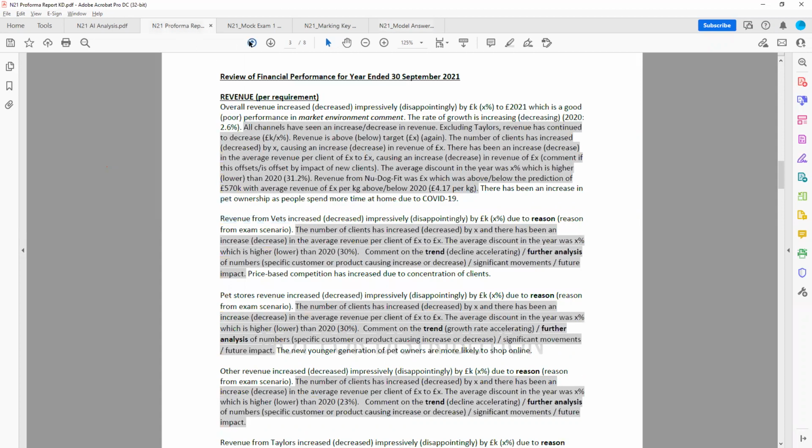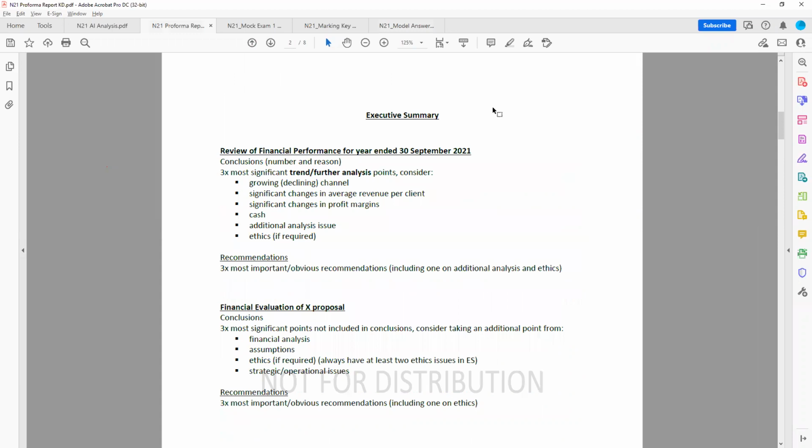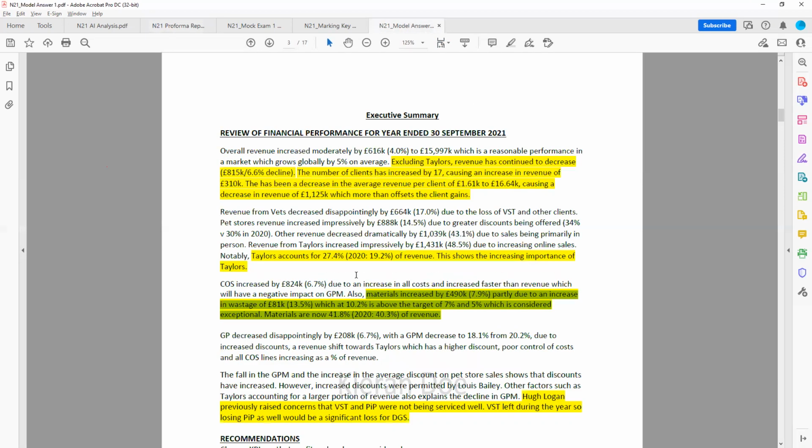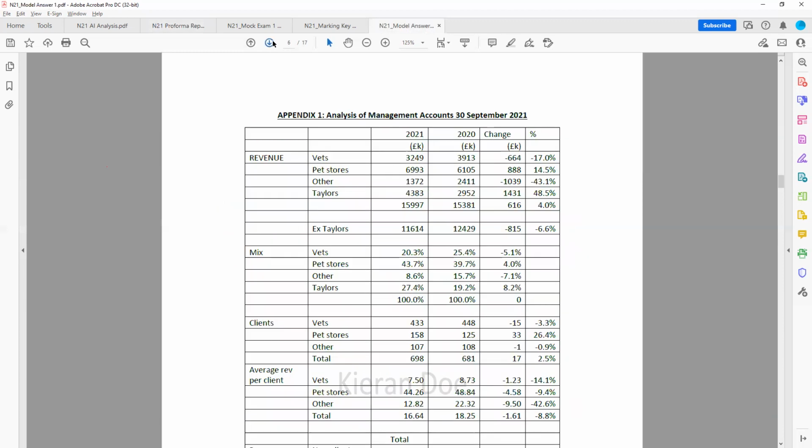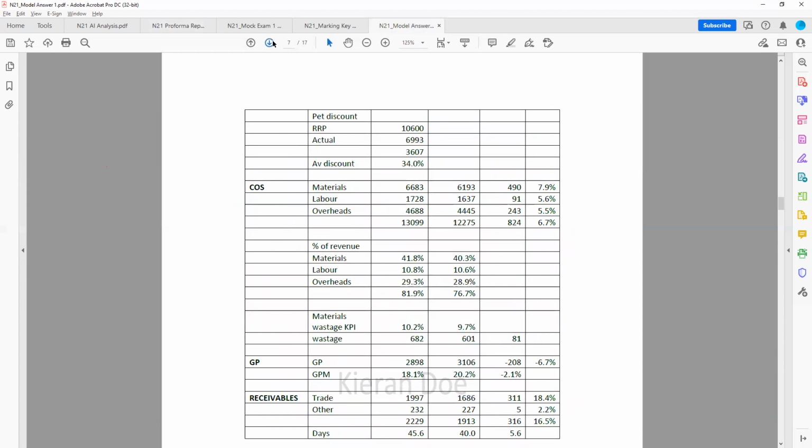Usually we're thinking here, and this is from our pro forma report, is there a particular channel which is going up or going down? Is there a significant change in profit margins? The sorts of things that directors would be concerned about. Directors probably aren't concerned if labor costs have gone up by 1% due to an inflationary pay rise, when labor's a small part of cost of sales.